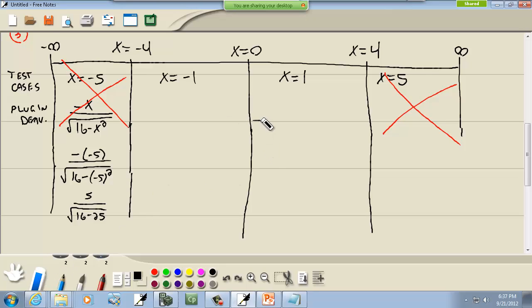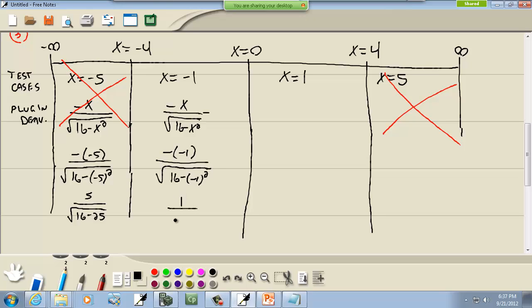Well, let's plug in these numbers now. Okay, so we're going to plug in negative 1 into negative x over the square root of 16 minus x squared. So we got negative 1 over square root of 16 minus negative 1 squared.